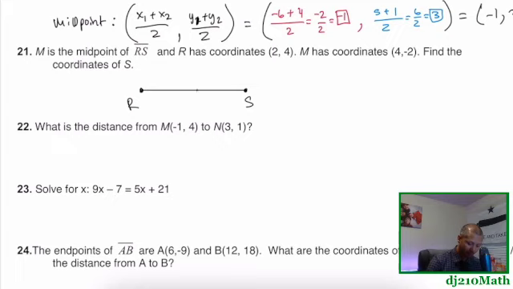It's exactly in the middle. It bisects the segment. R is 2, 4. M is 4, -2. What are the coordinates of S?